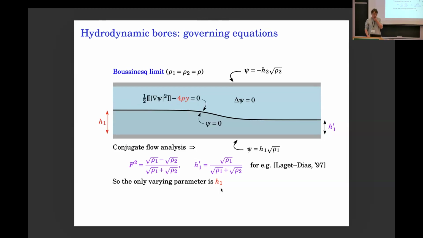Before I get to the existence result, let me just mention one more regime which will be of interest, the so-called Boussinesq limit. That is the limit when the 2 densities are equal. Remember, the Bernoulli condition here has a jump in rho. At first glance, when the jump of rho is equal to 0, you have the jump of kinetic energy to be 0.